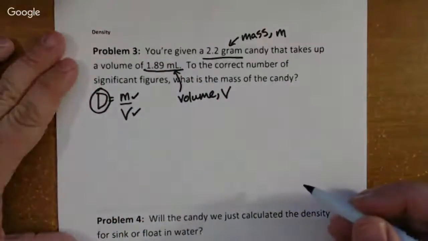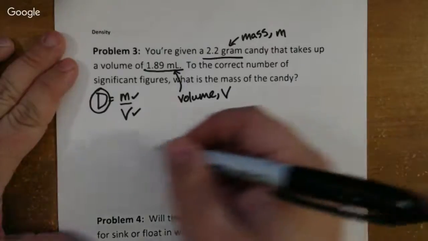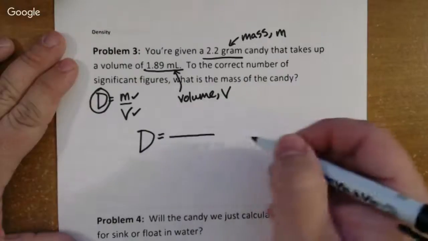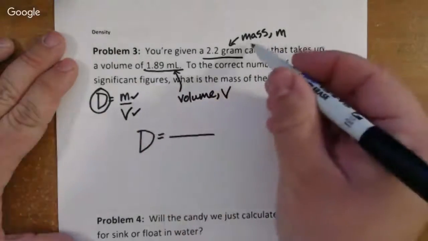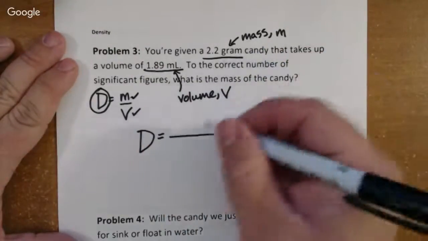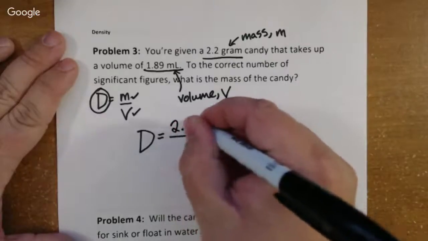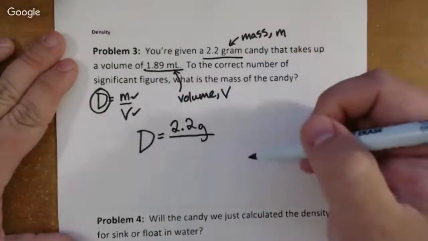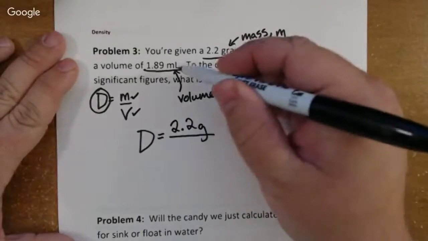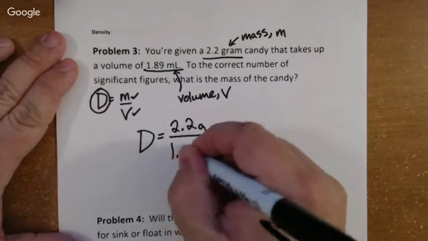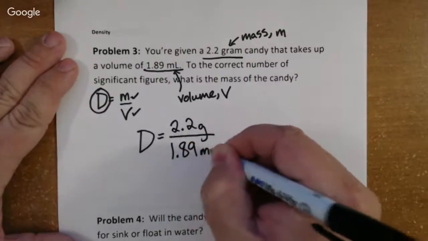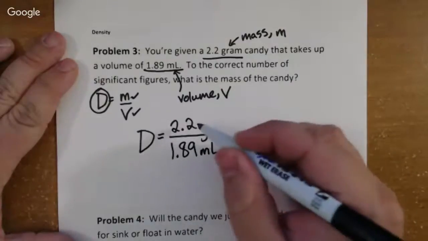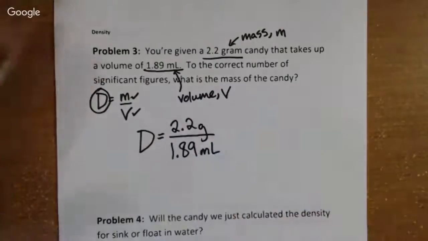Now we just have to plug it in. So density is going to equal, we'll draw a little line here, we're going to put M in the top, and M was 2.2 grams. G for gram, just an abbreviation for the unit. And in the bottom, we're going to put 1.89 milliliters, or mLs, and then it's just dividing it in the calculator. 2.2 divided by 1.89.